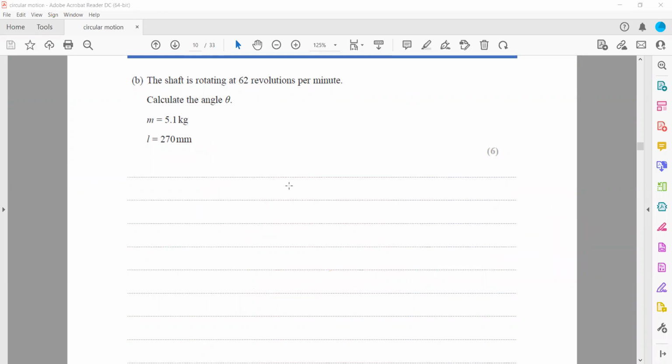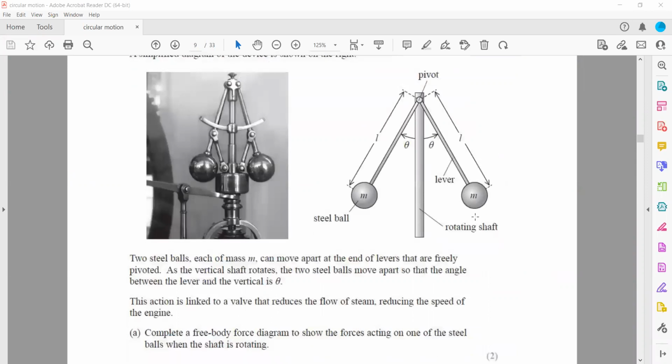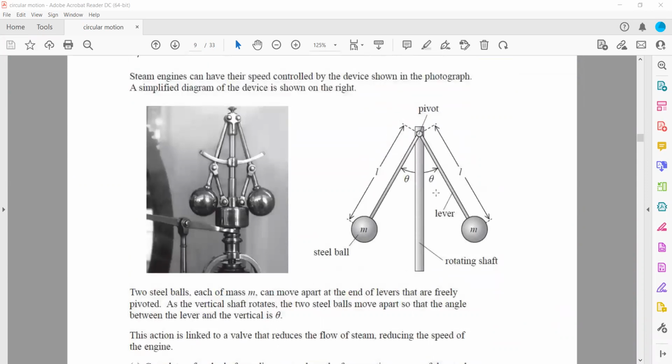The formulas are the same. So what we did, it is moving in a circular path. This is how it will rotate. So the force which is directed towards the center, that is a centripetal force, Fc, and that centripetal force is balancing with a component of the weight, W, which is acting downward.